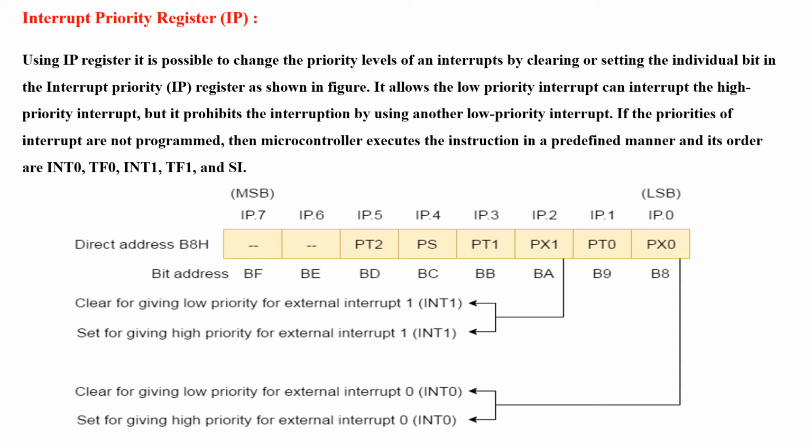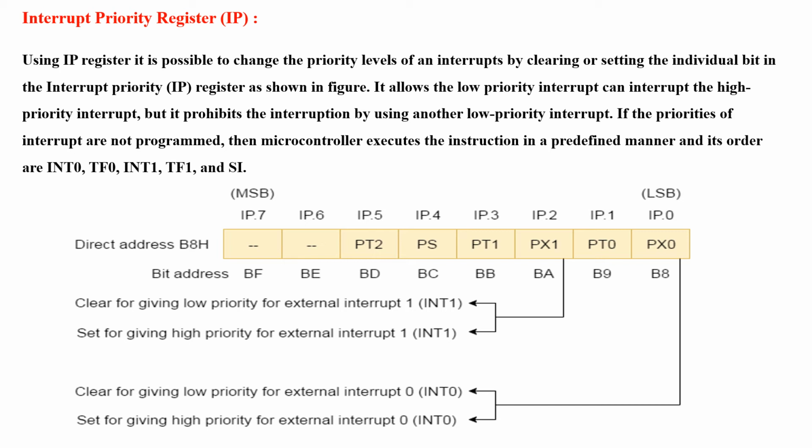Again, the IP register is 8-bit. The starting bit, IP.0, is cleared for giving low priority to external interrupt 0 and set for giving the highest priority to external interrupt 0, INT0.